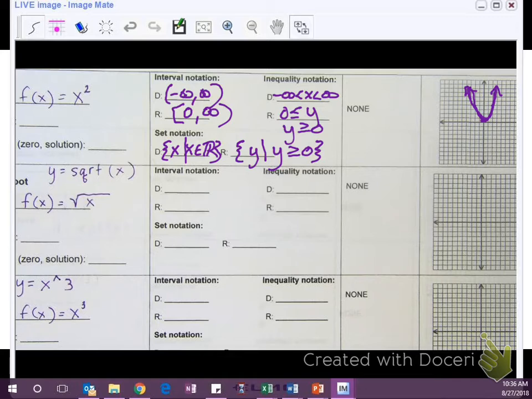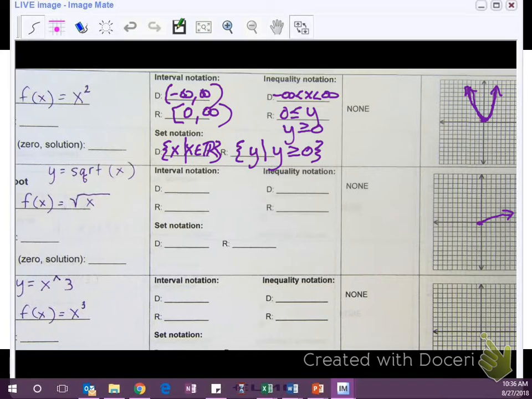So the square root function starts at 0. I don't want to select, I want to draw. Trying to make a dot there, and it keeps wanting me to select it. And then it goes this way.